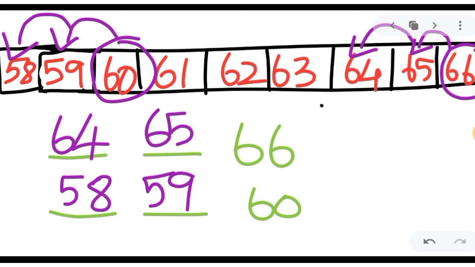See here, 66, 65, 64. The numbers are in backwards. While saying the numbers, you get the backward numbers: 66, 65, 64, 60, 59, 58. Like this we have to find the before number. Let's see the next one.